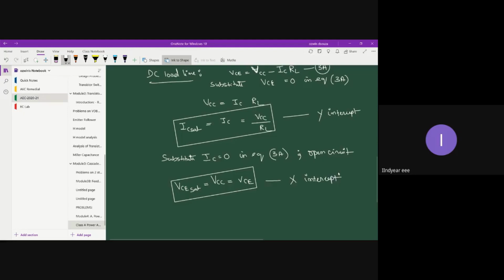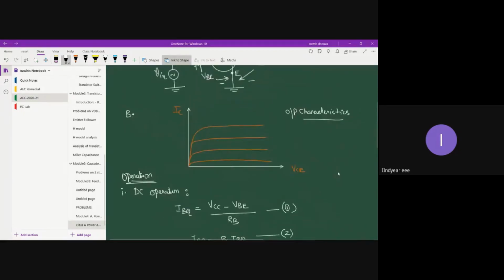Now that you have found IC saturation and VCE saturation, you can locate those 2 points in the transistor output characteristics. Say this is your IC saturation, and say this is your VCE saturation. Just join the 2 points.